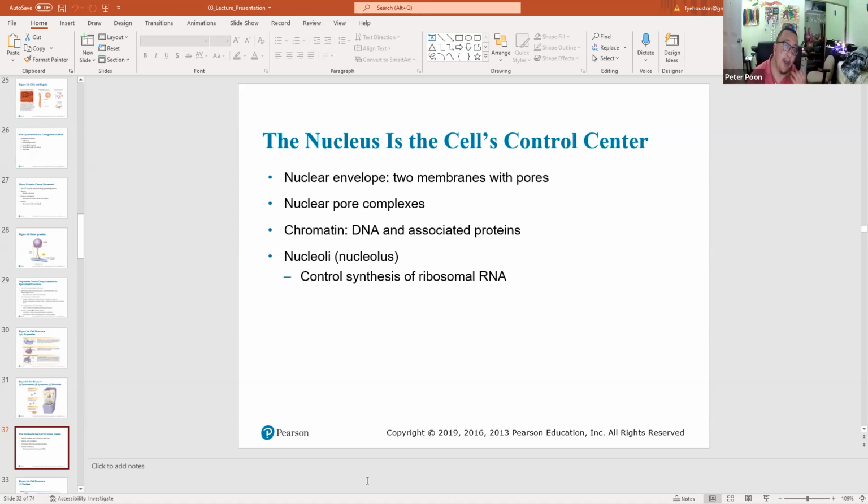The only way through is through the gates. The gates in this case are the nuclear pores. The nuclear pore complexes determine whether something can come in or out. So if you're a big molecule, the only way you come in and out of the nucleus is through one of the nuclear pores.